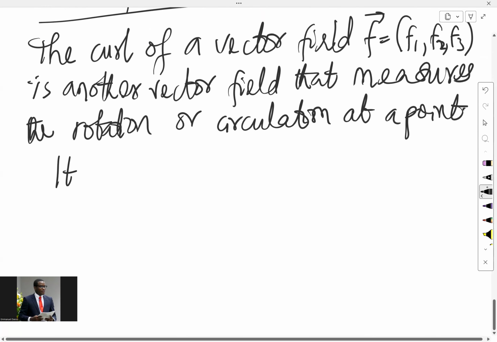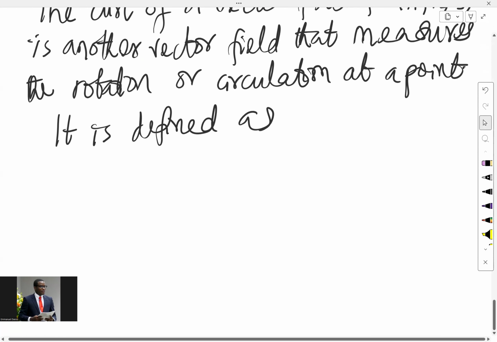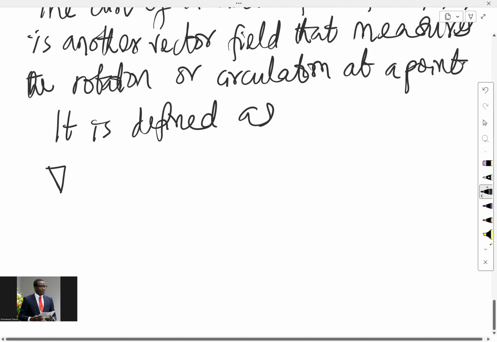It is defined as a cross vector. So you have nabla cross the force field, and you have it component by component.